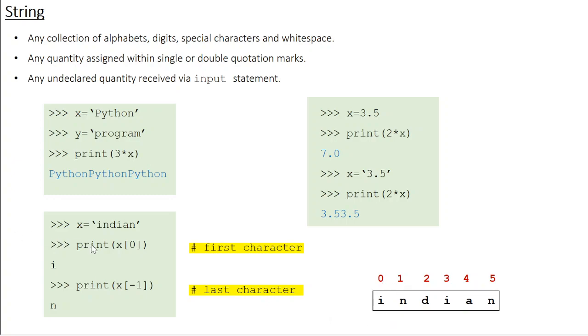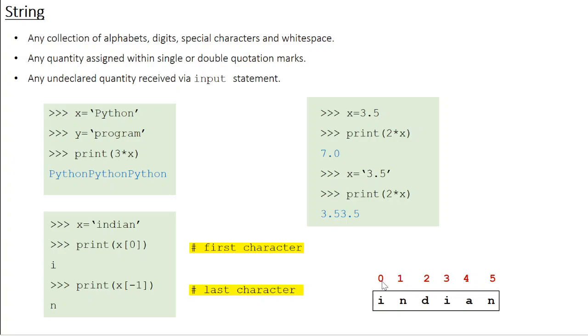So if I define a variable x equal to Indian, this is a string now, and the first character I has an index 0. So actually you say I is the 0th character. N is the first character, D is the second character, so on and so forth. Now you can access each character using its index.